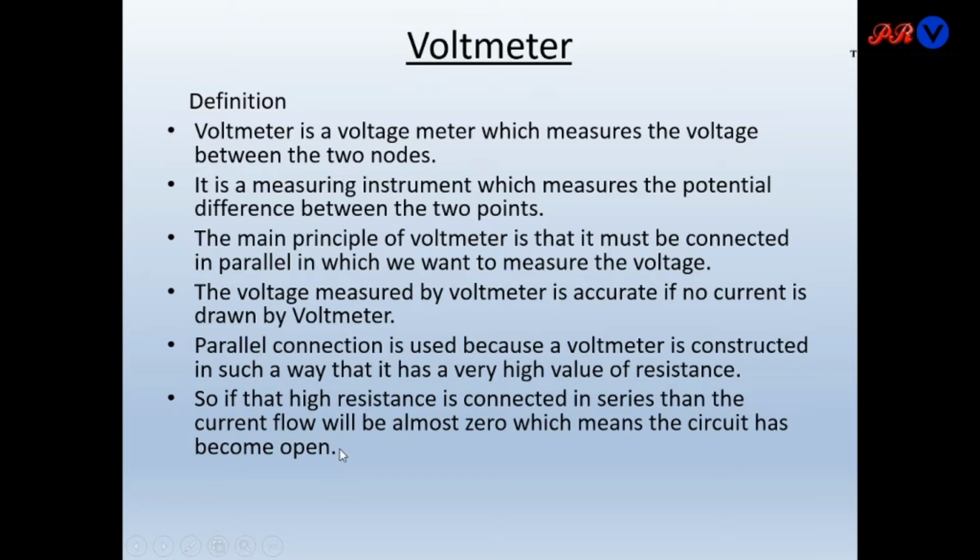So why is parallel connection done? Because if we connect a voltmeter in series, then current flow will be 0, so it will not measure any voltage. So we will always connect voltmeter in parallel, and it will not draw any current because of its high value of resistance.